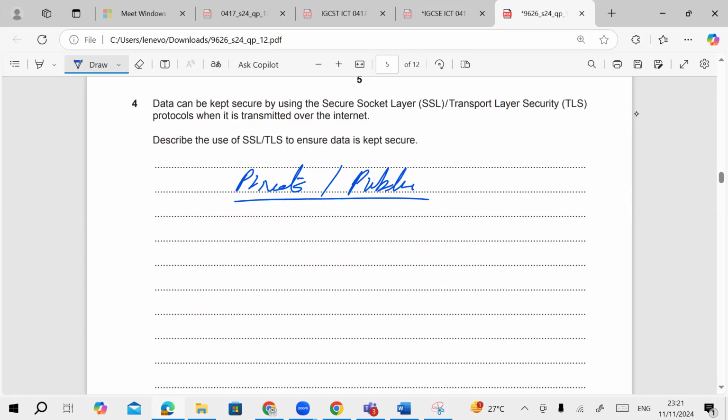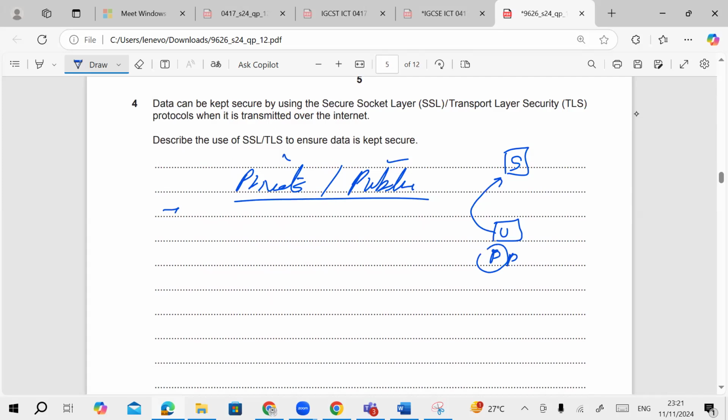asymmetric encryption. Okay, so you will be explaining how private key and public key play a very vital role in ensuring that when you request content from the server, you are the user and you have a server hosting it. You request information. How do your private key and public key play a very vital role in requesting the information?